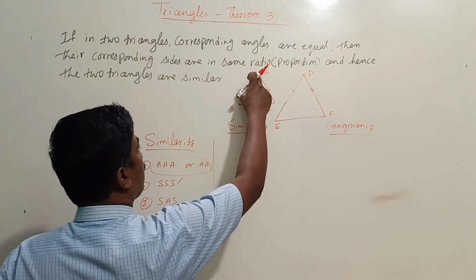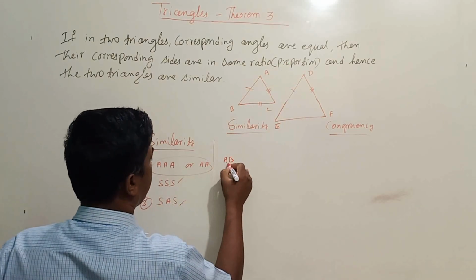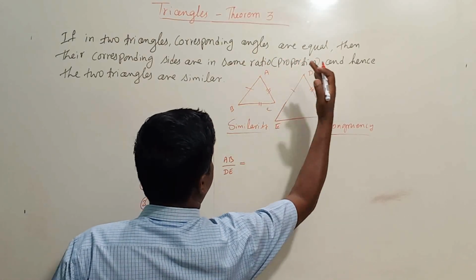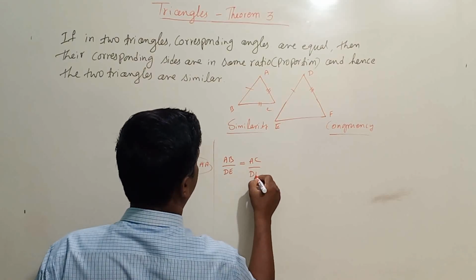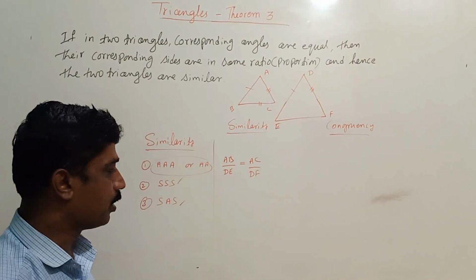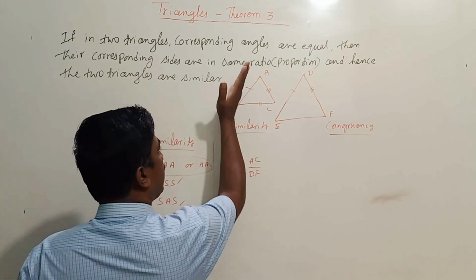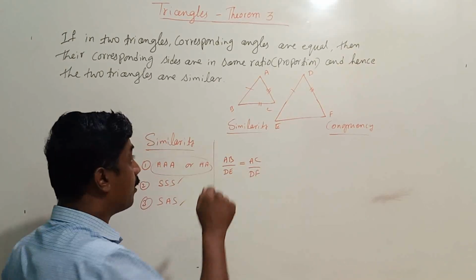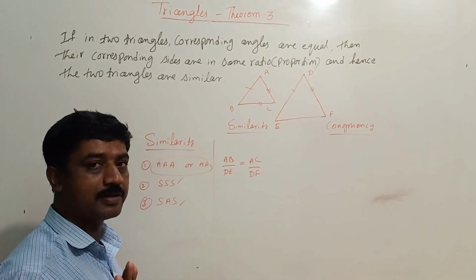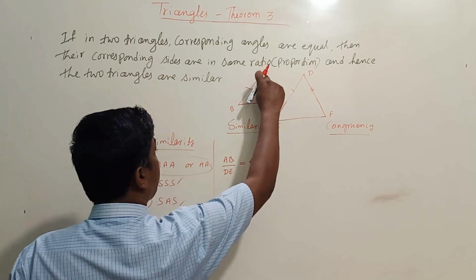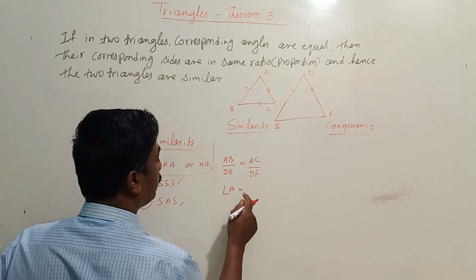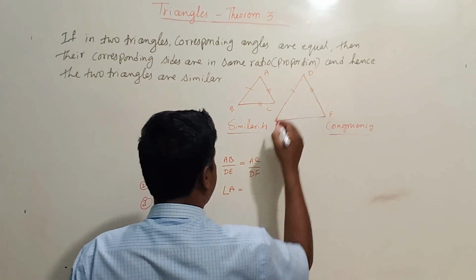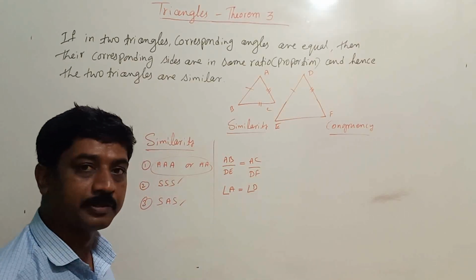According to this, AB by DE must be equal to AC by DF. Look at this, AB and AC. These two sides, AB and AC, are including angle A, not B and C. You should not take B and C. So, AB and AC are including angle A, and DE and DF are including angle D. So angle A is equal to angle D. Very important.